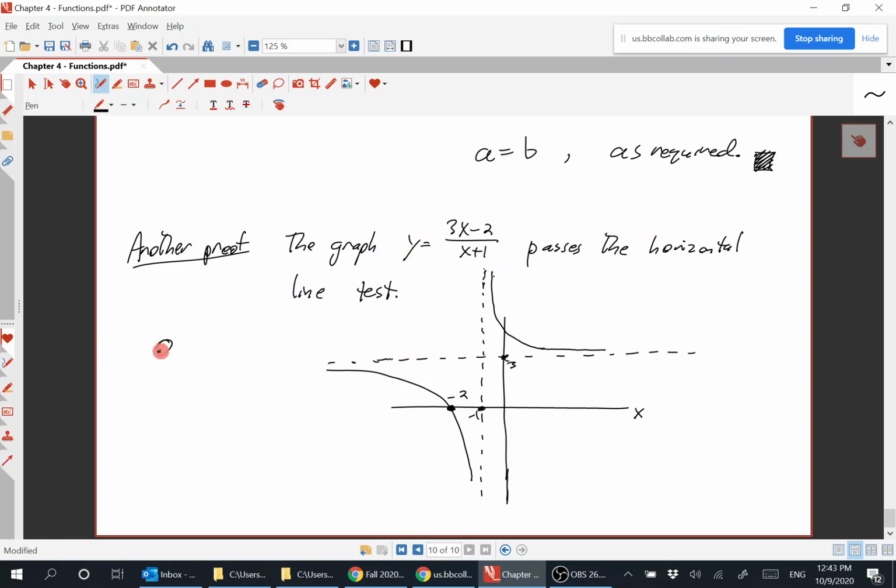If y is equal to 0, that's where it crosses the x-axis. So that's 2/3. That's over here. Maybe they're both below 3. And then when x is equal to 0, this is at -2. This is it.